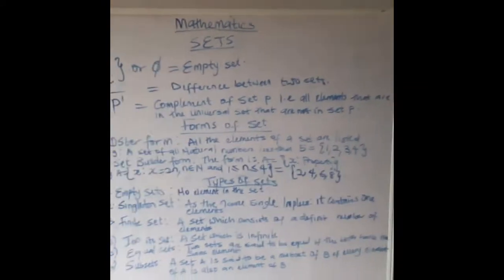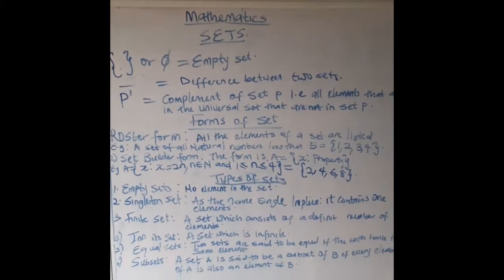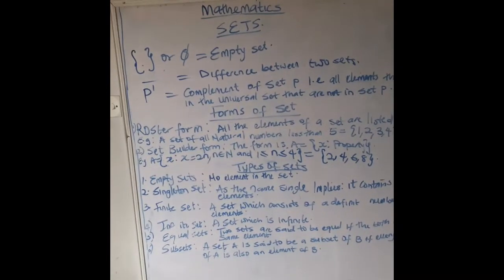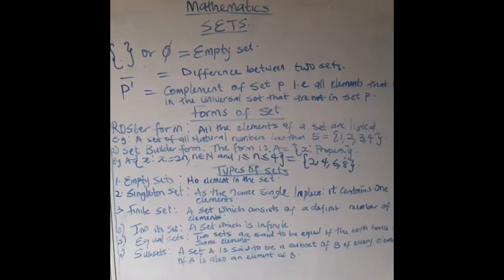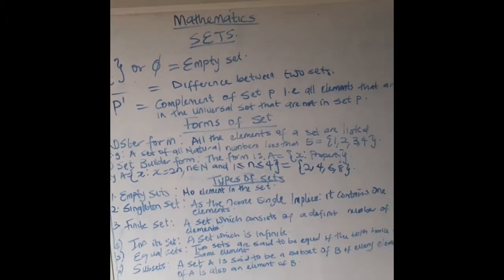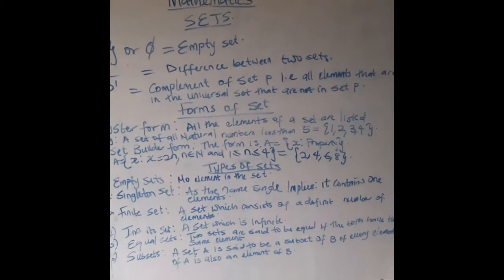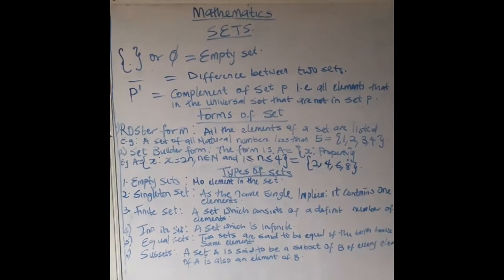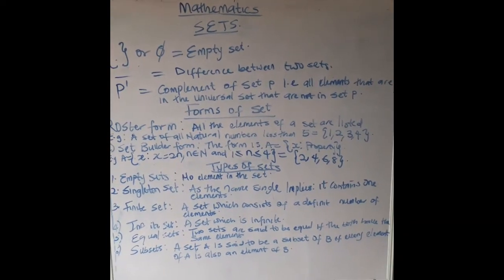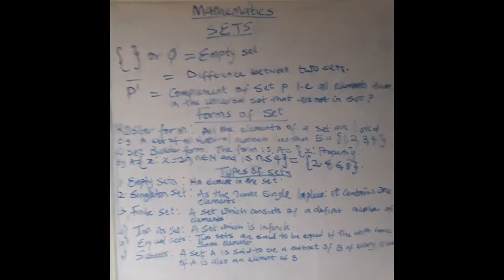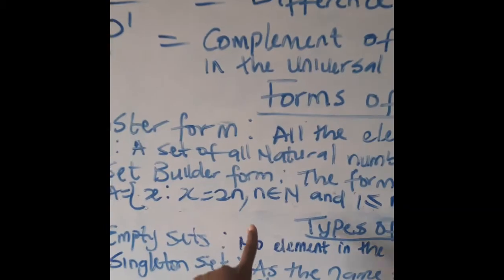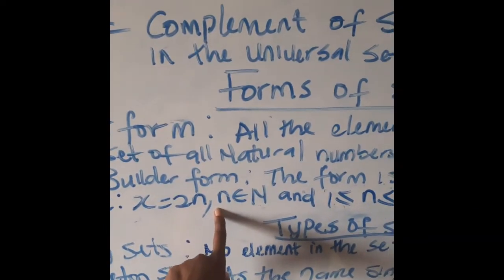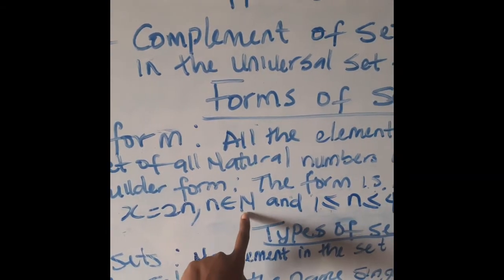So they're giving us the property of the set here. We are looking for x, and A is a set that equals x such that x equals 2n. And they did not stop there. They gave us the way we could find our n. They said n is an element of natural numbers. This is n, the n which we have in here, while this symbol denotes natural numbers.